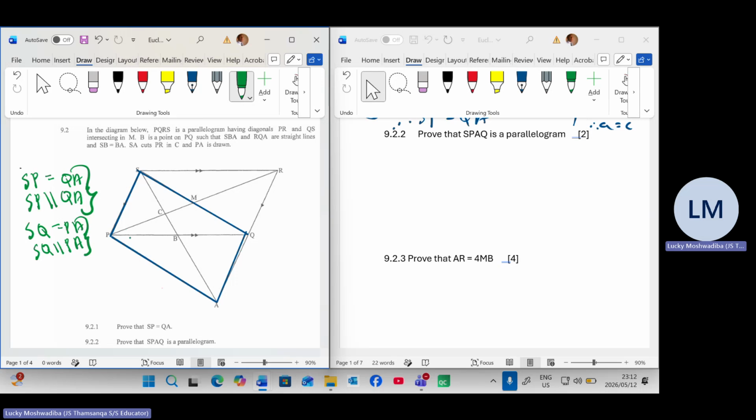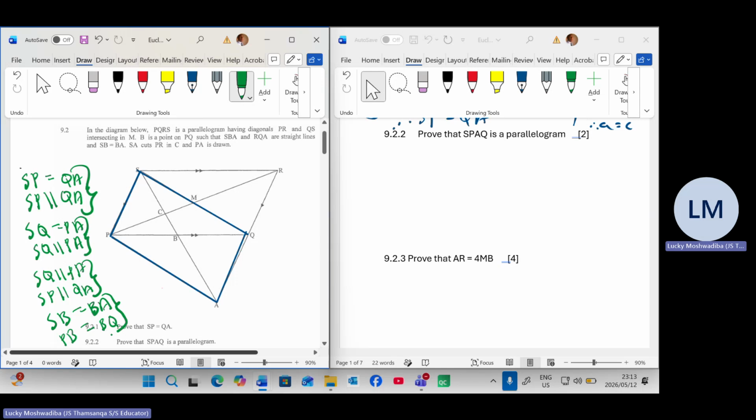What else? If we can show that SQ is parallel to PA and that SP is parallel to QA, that is the third property. Another thing, if we can show that SB is equal to BA and that PB is equal to PQ. I will try to remember other things as I move along.